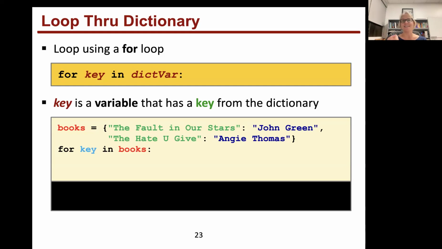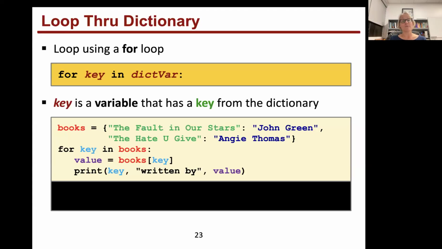And when we do that, the unique thing about the dictionary is the key. And so here's our dictionary books. We say for key in books. Remember, key is just a variable name. It's not a variable name you should use before it, right? It gets created when we create this for loop, that's when that variable gets created and it exists in that for loop.